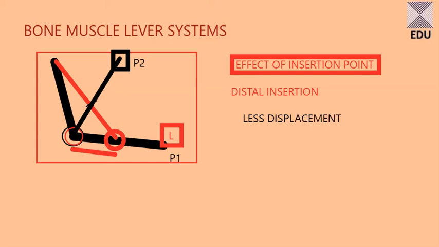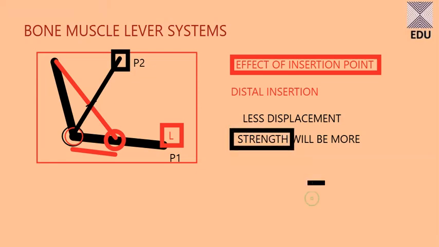but in this particular case the strength will be more. So this is a very important point. So the strength in the distal insertion point will be more. Now this bone muscle lever system will be stronger than the first case.